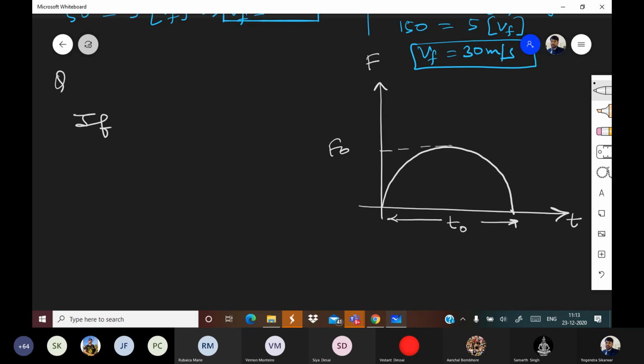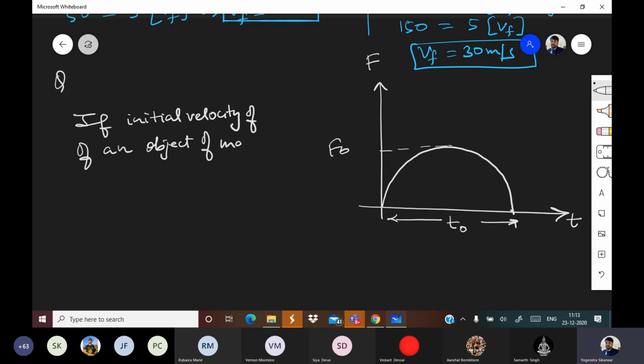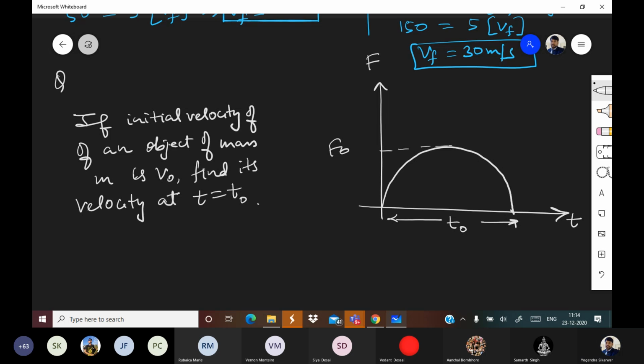If initial velocity of an object of mass m is v naught, find its velocity at t is equal to t naught. Please find.